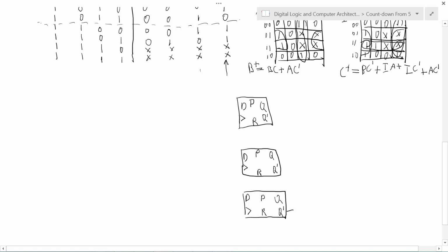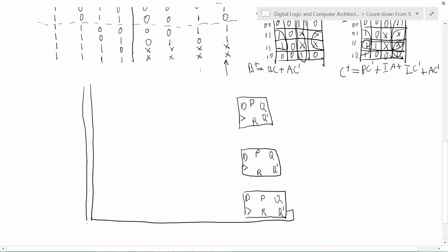Let's wrap this around. So this gives us C, C prime.